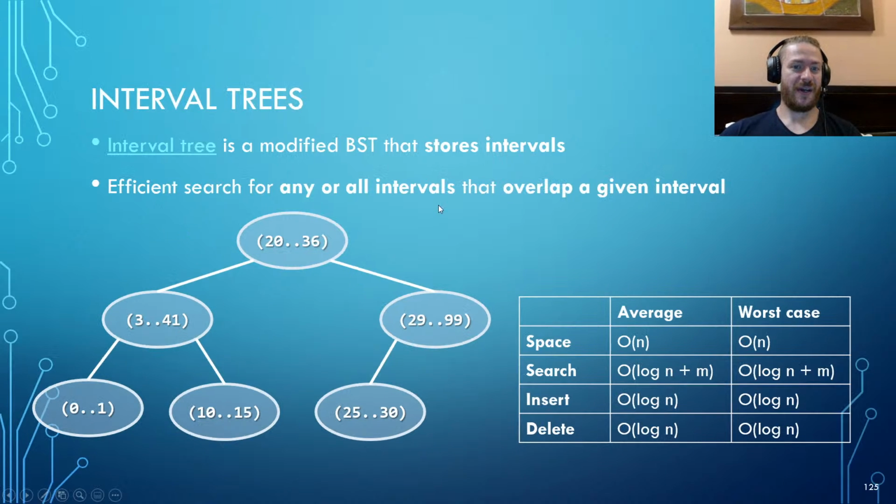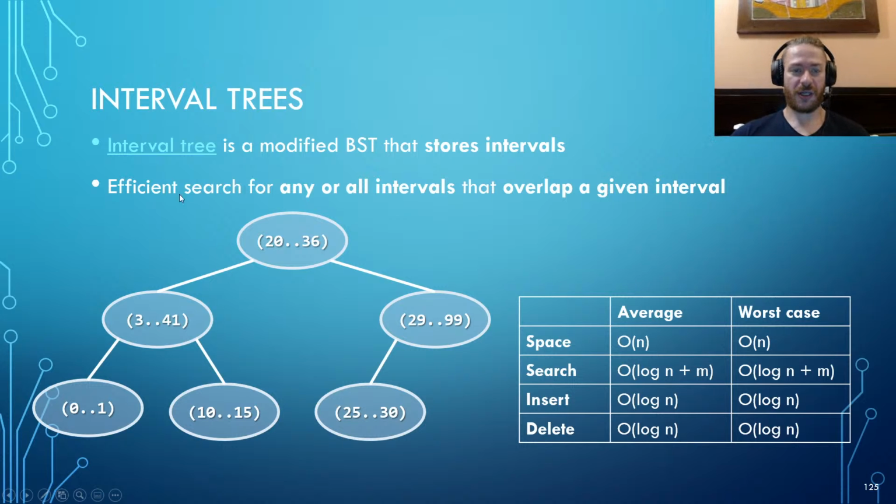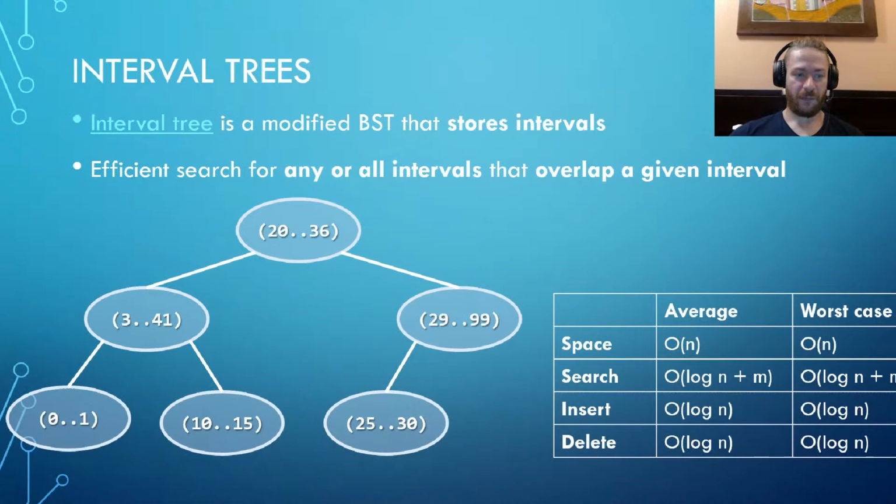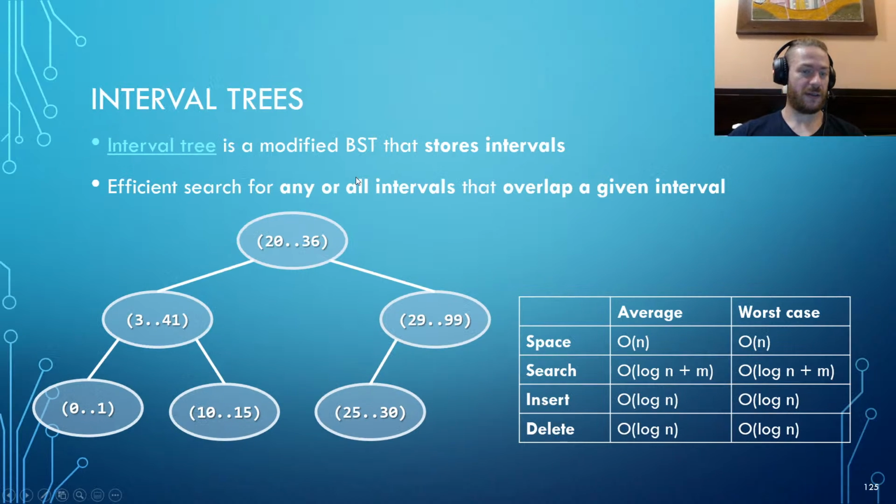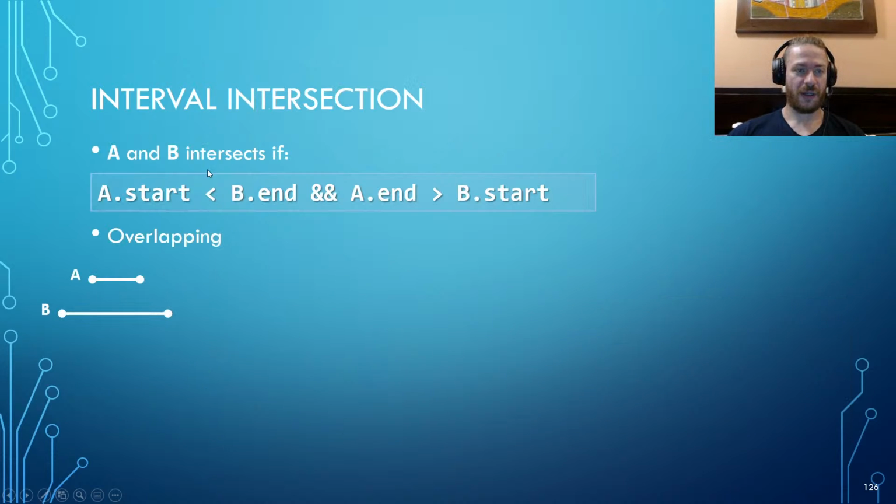Otherwise, it's the same as a binary search tree. Just stores intervals, and it's very efficient for searching intervals. So if we want to find, for example, whether our tree contains an interval from 4 to 16, it's very easy just by following the formulas. It's very fast and very efficient for interval searching.